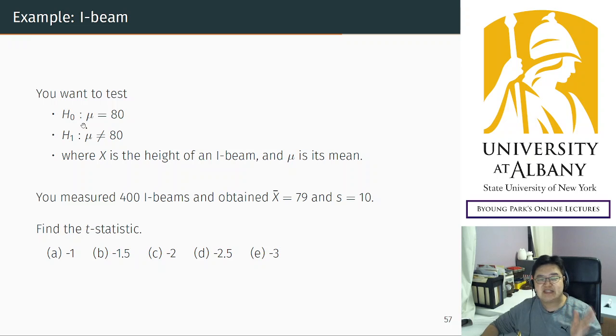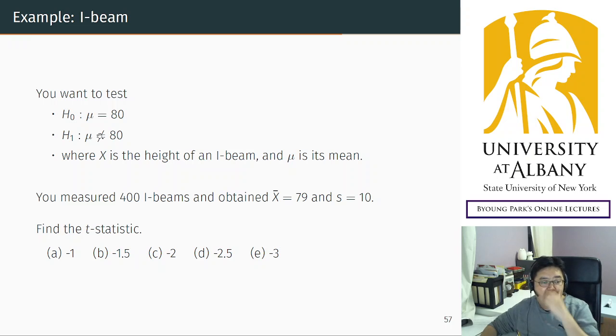When I choose a random I-beam and measure its height, which is the random variable, its expected value should be 80 millimeters. So we expect the height is 80 millimeters, and the alternative hypothesis is the simple negation of that, so it's not 80 millimeters.